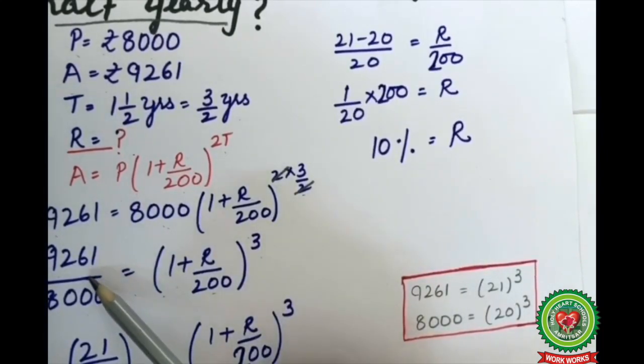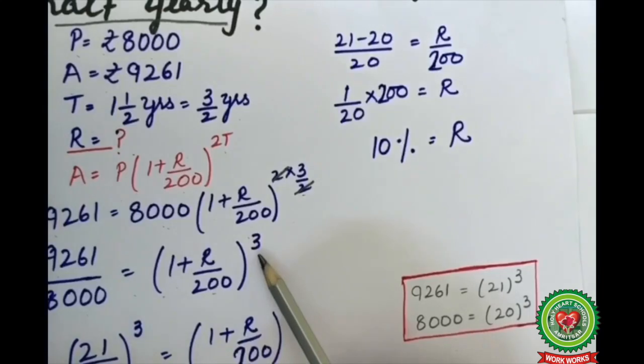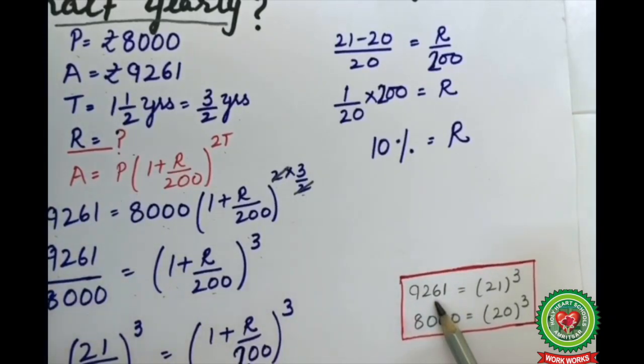So we know that for finding rate, we need to make the powers same. So here on the right hand side, we have a power of cube, or we can say 3. So on the left hand side also, we need to make the power as 3 only. So we know that 9,261 is a cube of 21. And 8,000 is a cube of 20.